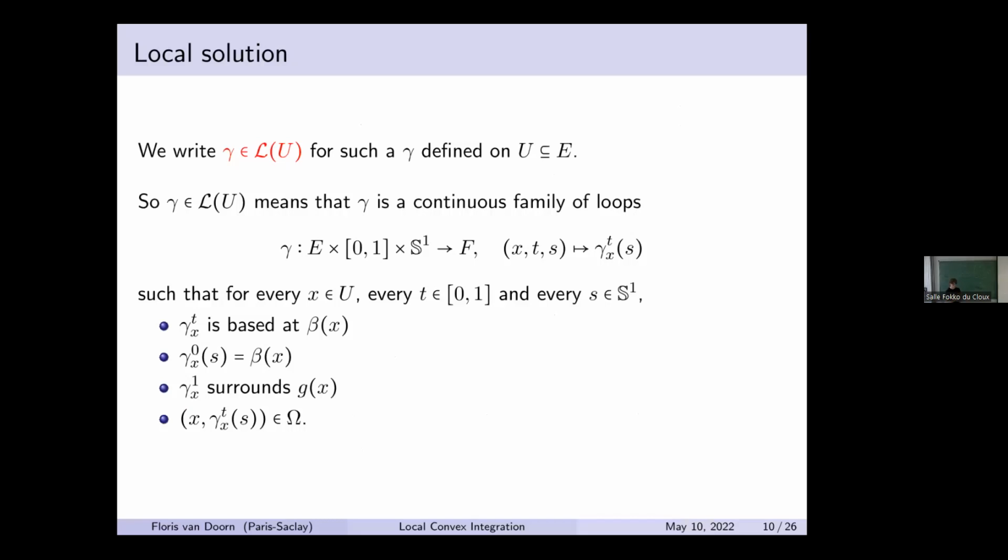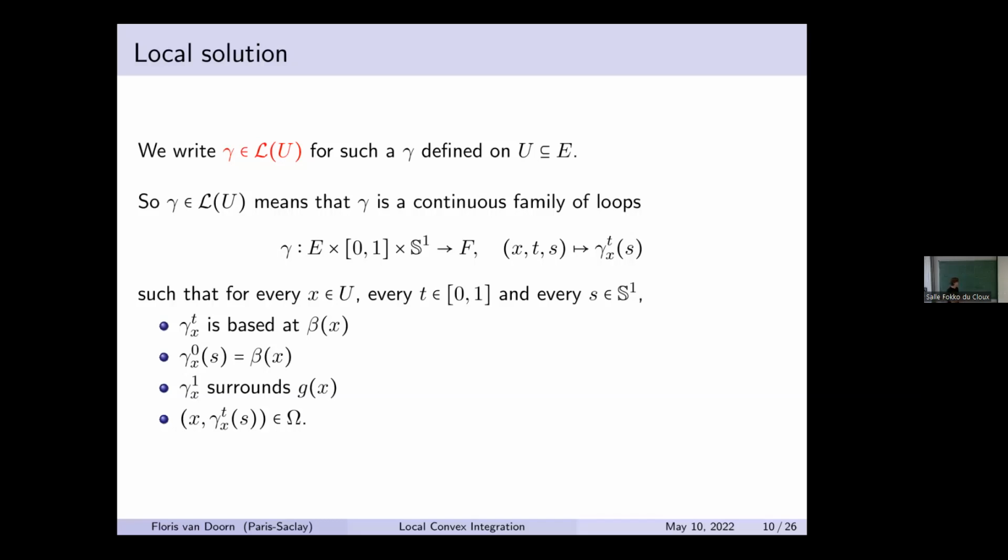I'm writing gamma is an element of the script L of U, for such a gamma defined on some open set, or maybe not necessarily open set U. Here I've written what that means precisely. It's a continuous family of loops, like this, with all these properties we have in the proposition.